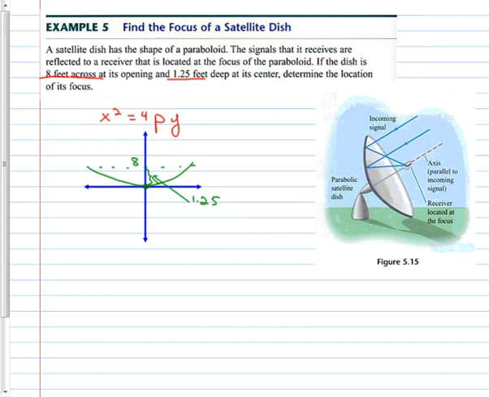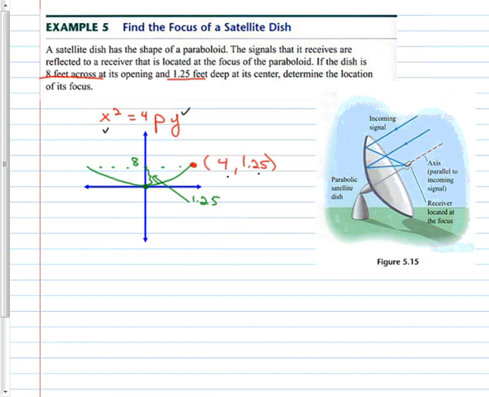I want you to tell me the coordinates of that point right there on the end of the edge. 4, 1.25. Now that happens to be an x and a y value, is that correct? I bet if I substituted those 2 points into my equation, I could solve for what the p-value was.